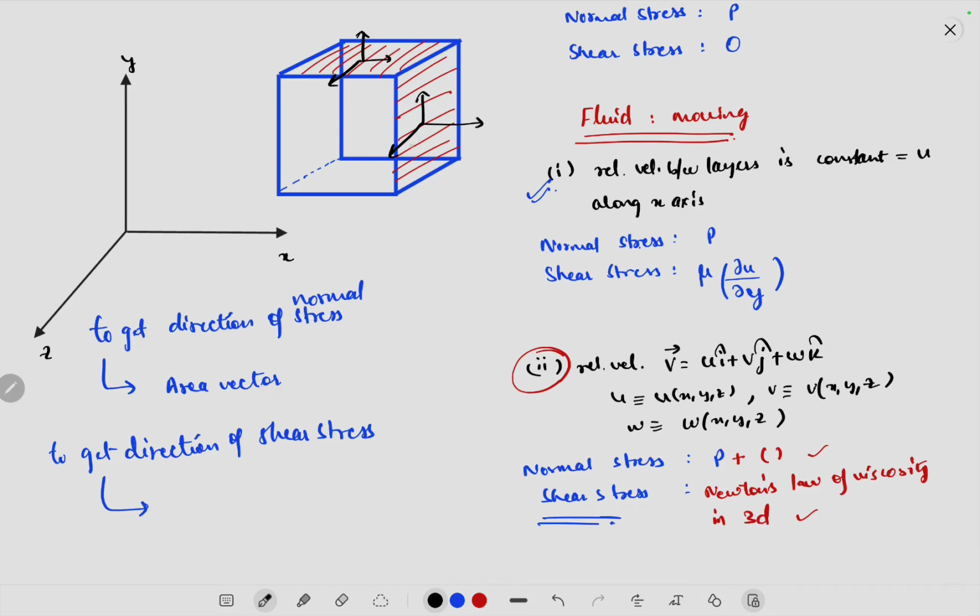So it is seen that on a surface the stress has three components directed like this, and for this surface the stress components are directed like this. These components may or may not be the same. So for this also we need the area vector.